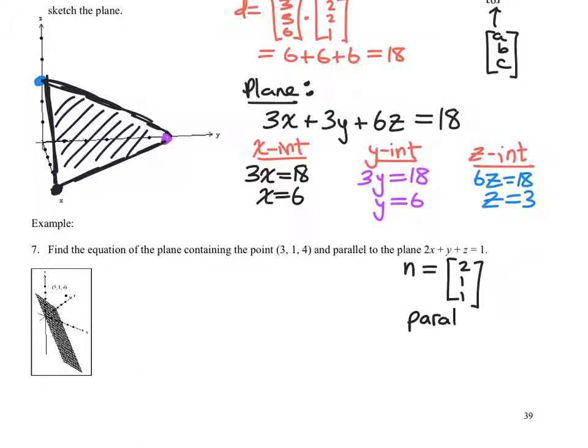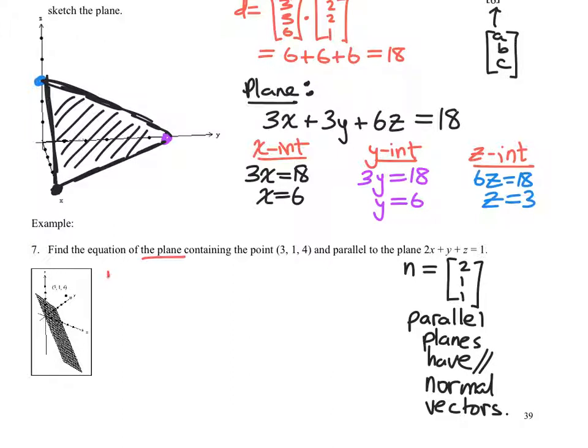Parallel planes have parallel normal vectors. So basically, I know the ABC value for this new plane.